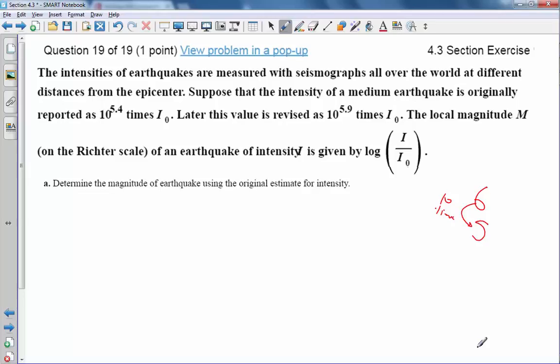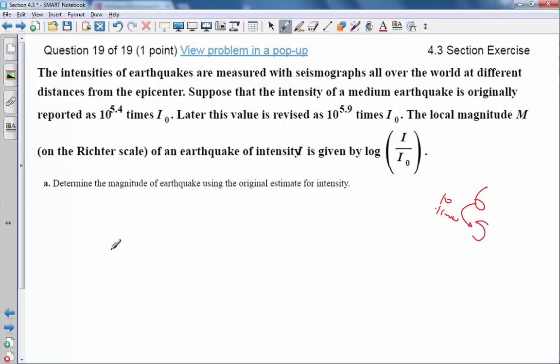Imagine I shake you 10 times more. Because of the logarithmic calculation it seems like only one size, but actually the difference is 10. Who came up with this idea? The guy called Richter. It's called the Richter scale.